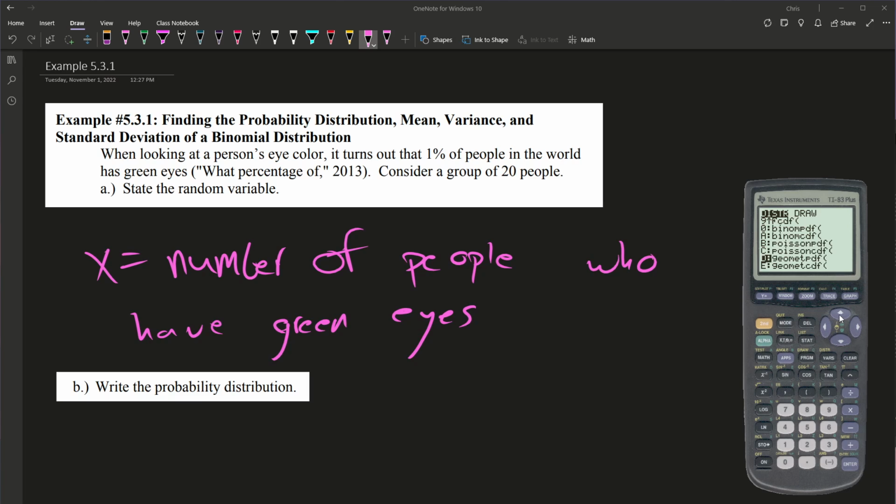We need to go to binom PDF. And this time we're only going to enter n, which in this case was 20, and p, which in this case was 0.01. And when we hit enter, this actually gives us a list.